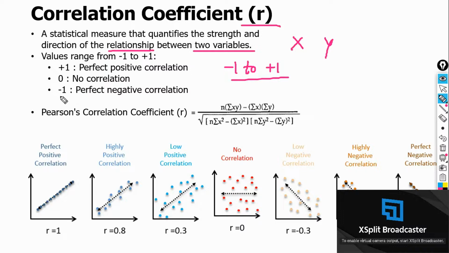Then we can say it is negative correlation, and it is perfect. How we decide positive and negative is based on the sign. Based on the sign, you can comment about the relationship.